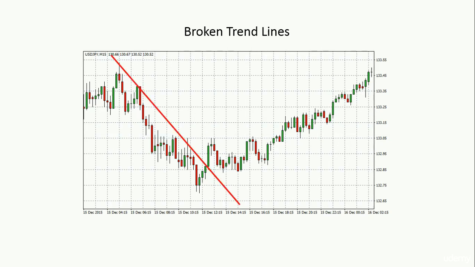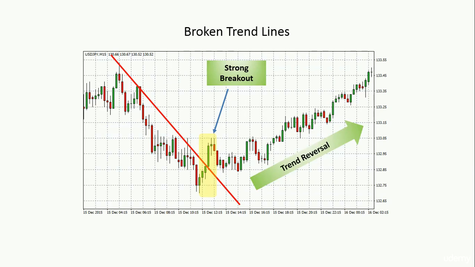Then the price broke through the trend line with a series of strong bull trend bars just here. This broken trend line, along with the strong bull bars, can be considered a reliable reversal signal, which is what happened here, as the market afterward reversed the trend and went up.